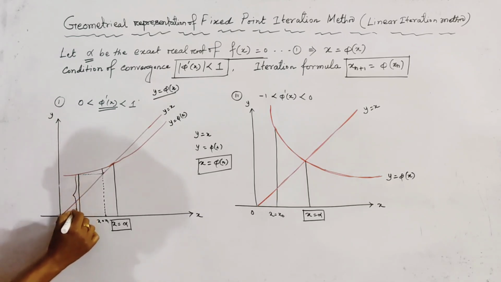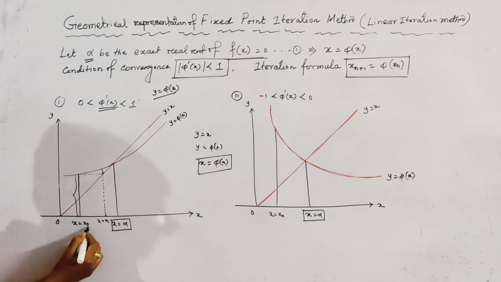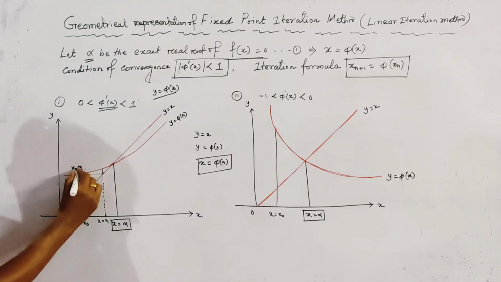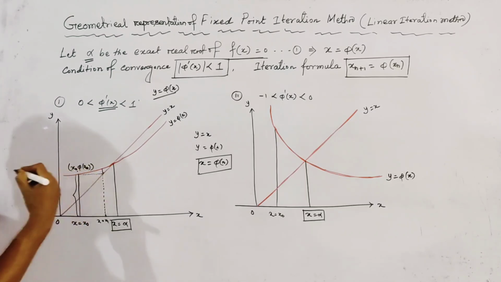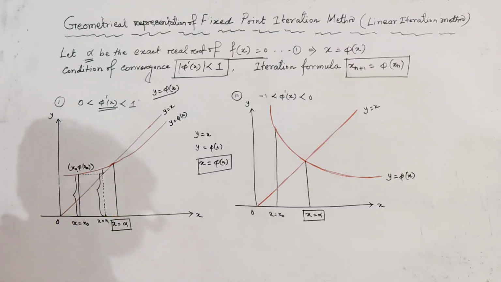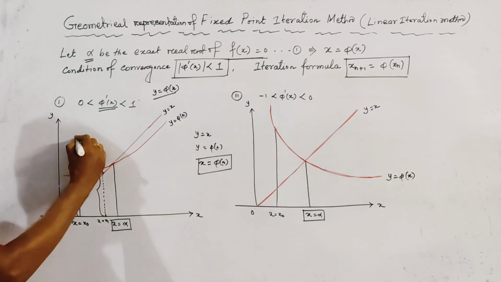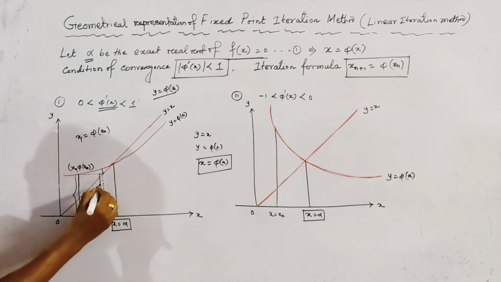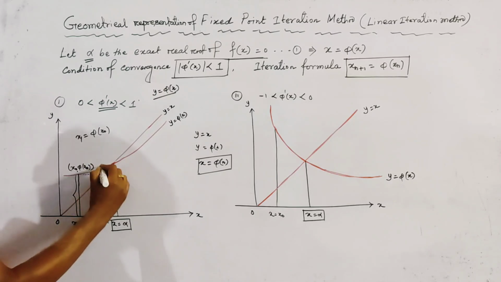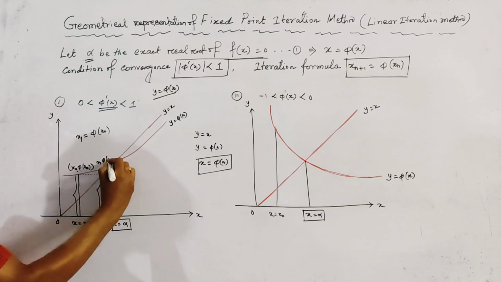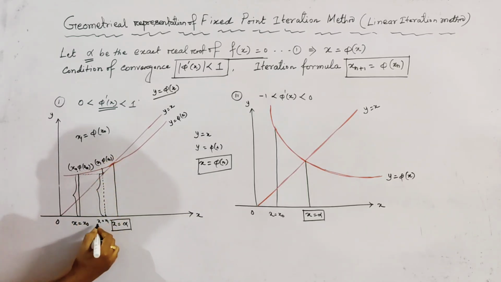This length is x = x0, and this is given by the point (x0, phi(x0)). This height is the same, and we get the first approximation x1 = phi(x0). So we get this point as x1, and this is phi(x1), and this is the first approximation of the initial root x0.